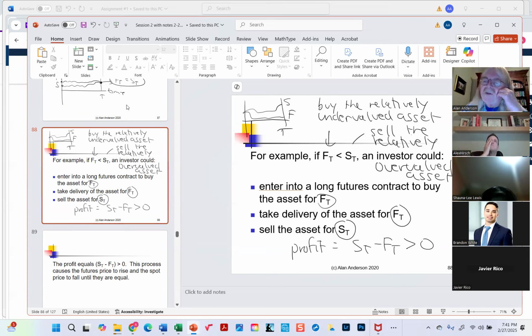Remember, the point of arbitrage is to buy something that's too cheap and sell something that's too expensive. So we're going to enter into a long futures contract. In other words, we're going to buy F. We're going to take delivery at that price and then deliver it for S_T, which is the spot price. And we'll earn this profit.